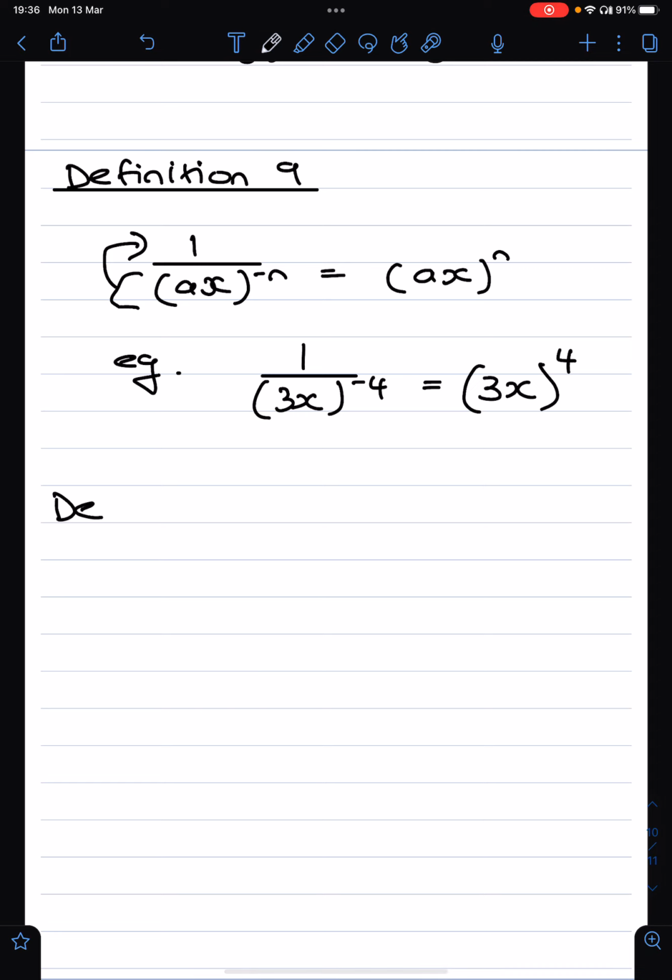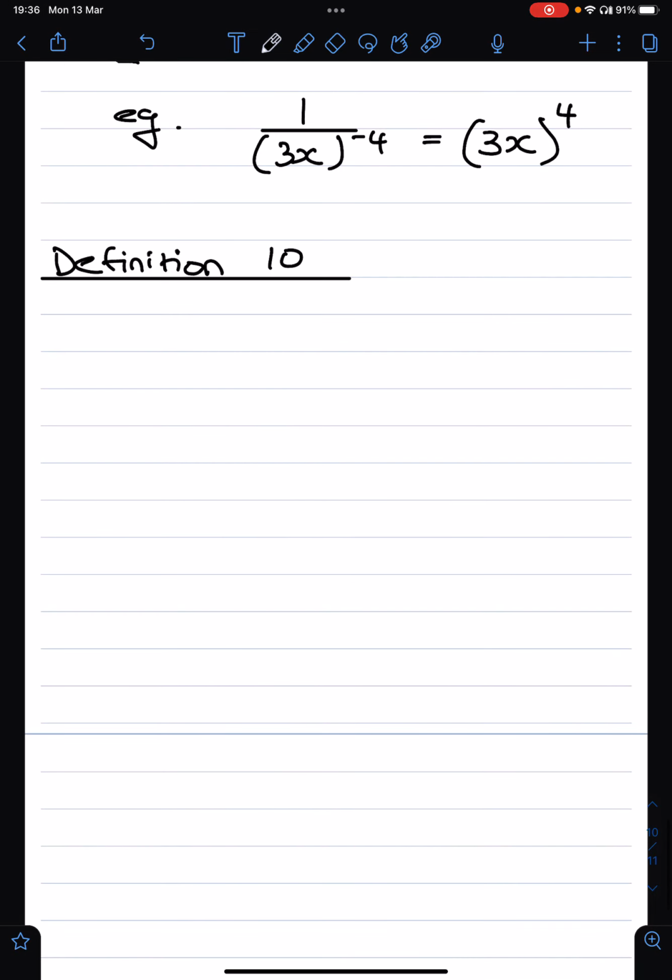Last two definitions. If I have a bracket a over b, and this is all to the power of negative n, then the a and the b flip.